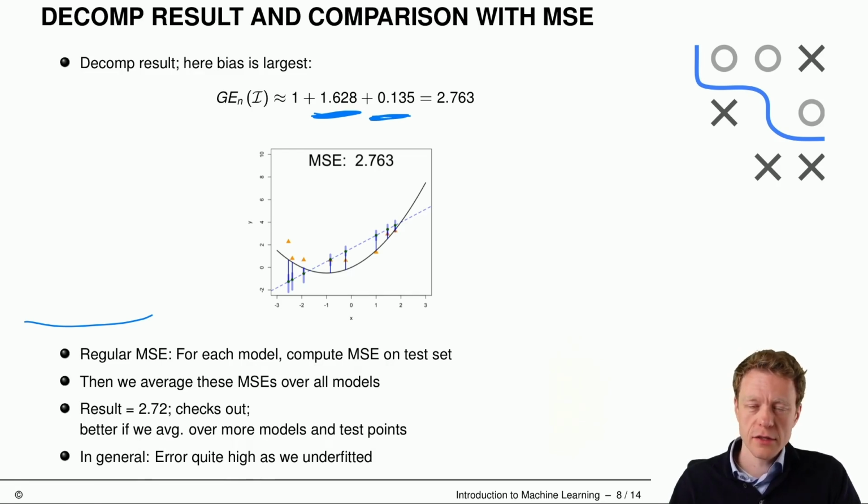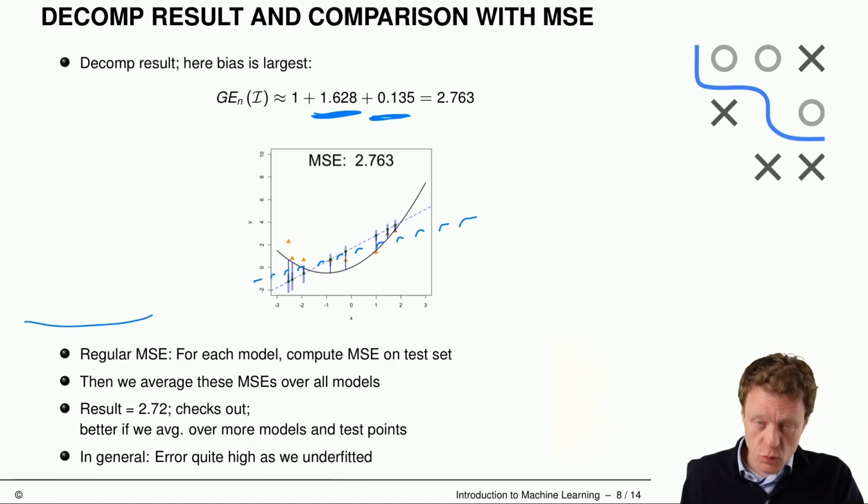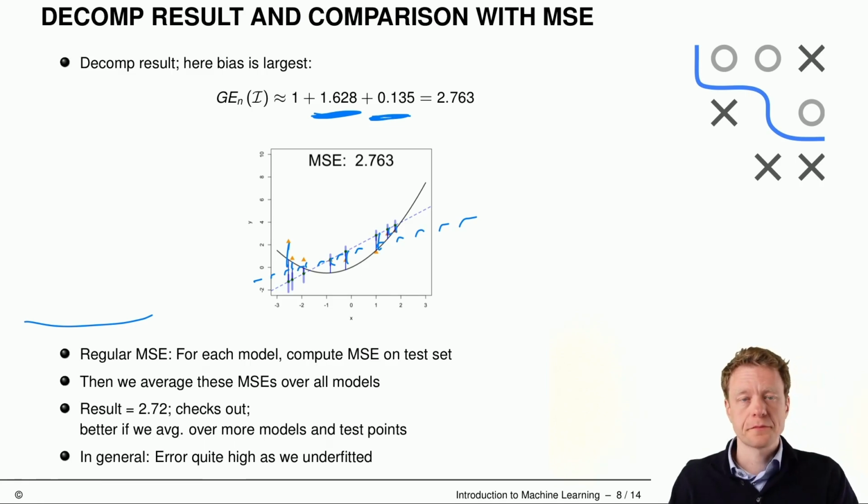MSE is just mean squared error, so we average the L2 loss. Let's say we have one model here. That's just one bootstrap iteration model. We compute the L2 loss with respect to these 8 observations here. Average these, which means then we have one MSE per model.